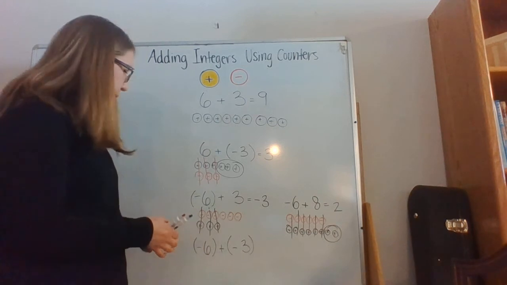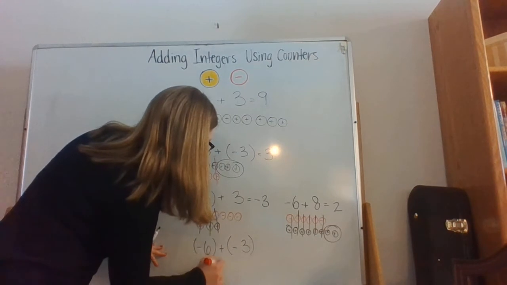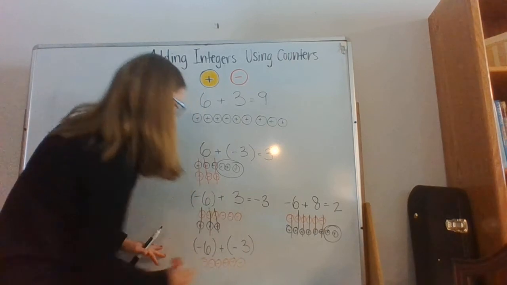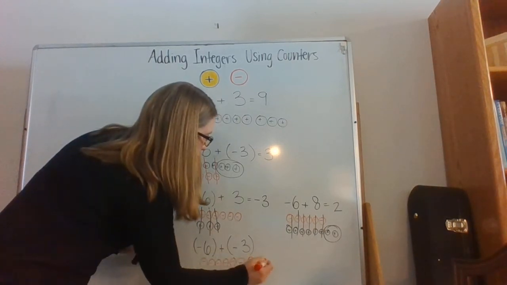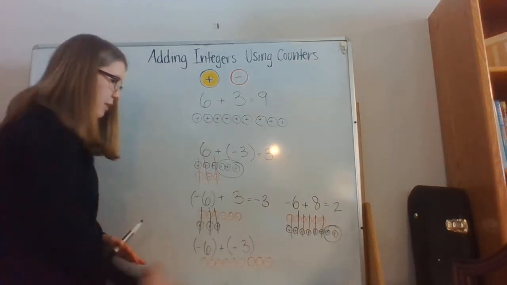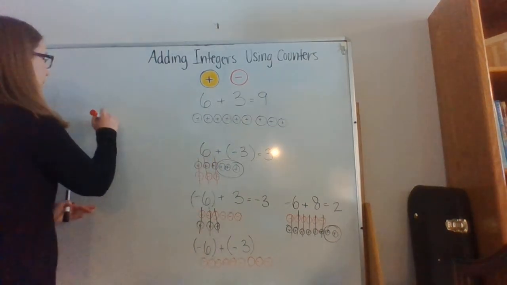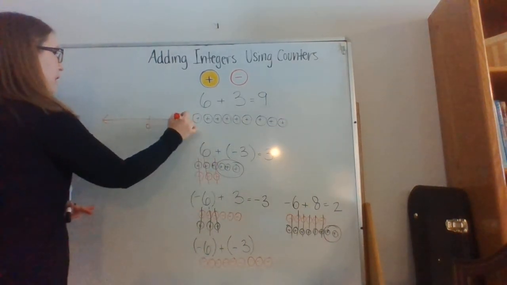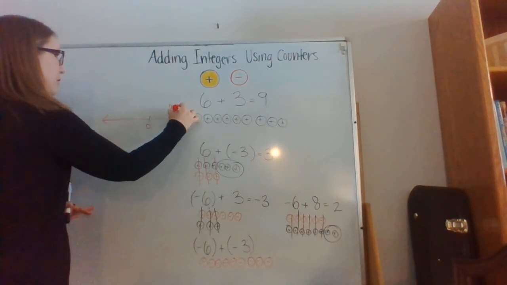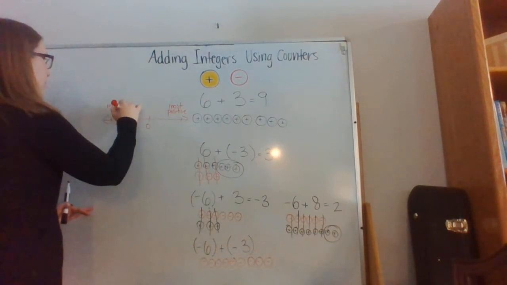Okay, last one. Negative 6 plus negative 3. So I have 6 negatives, and then I add 3 more negatives. This is adding more negative. And when I think about my number line, here I have the most positive, and then here I have the most negative.